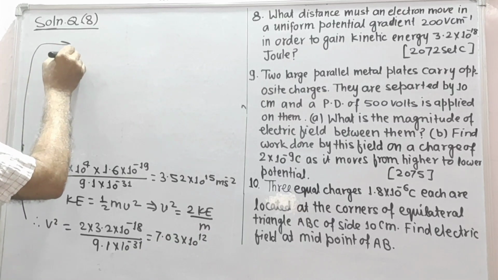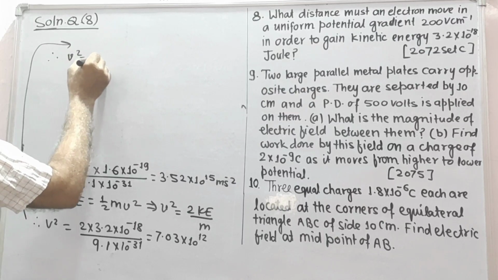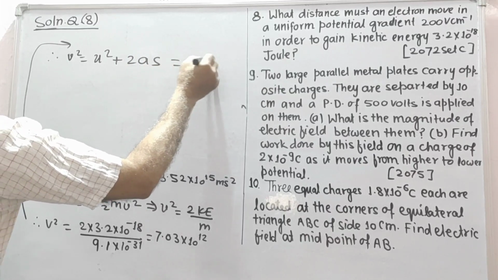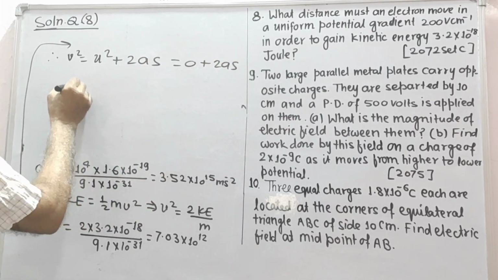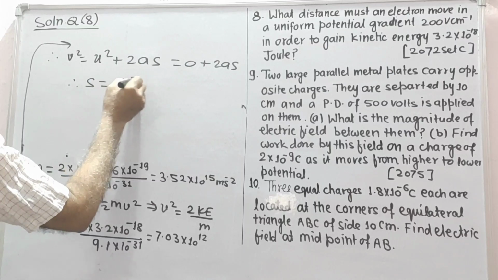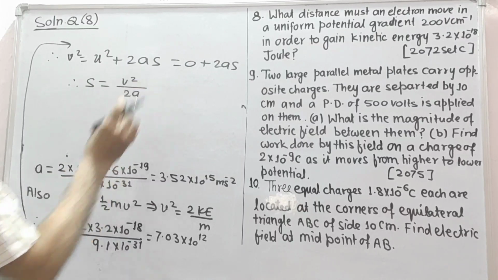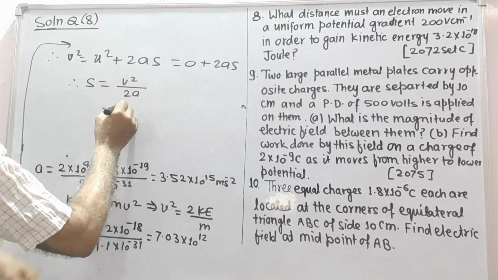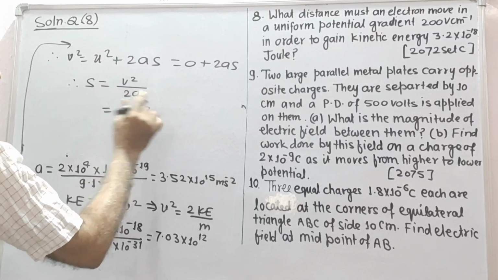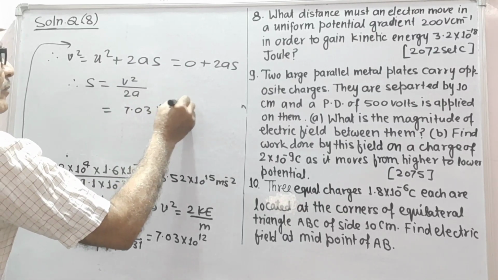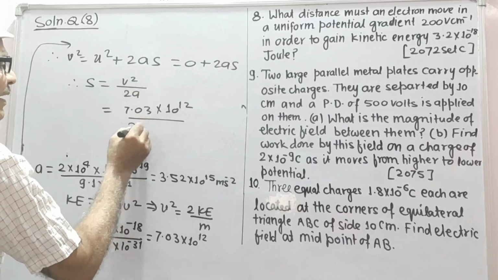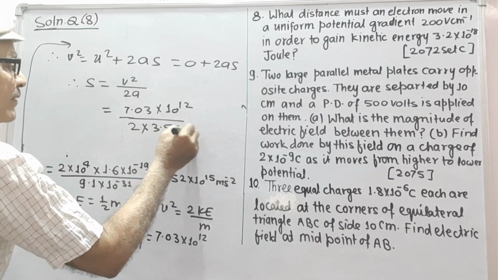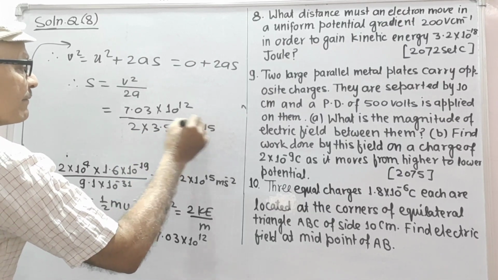Therefore, v square will be equal to u square plus 2as, u is 0, which gives s as v square upon 2a. v square and a are known, so we get s as 7.03 into 10 to power 12 upon 2 into a, where a is 3.52 into 10 to power 15.